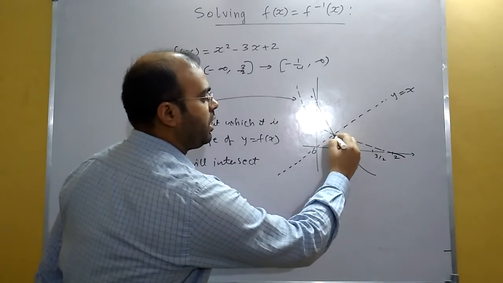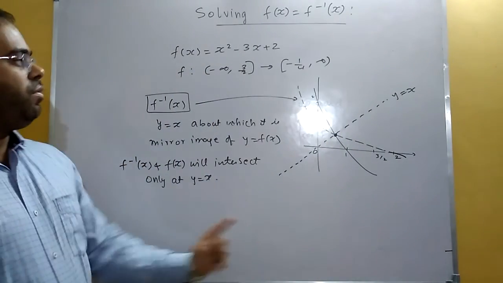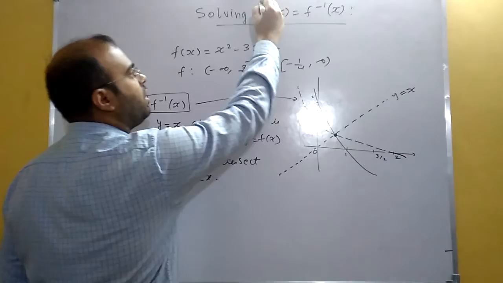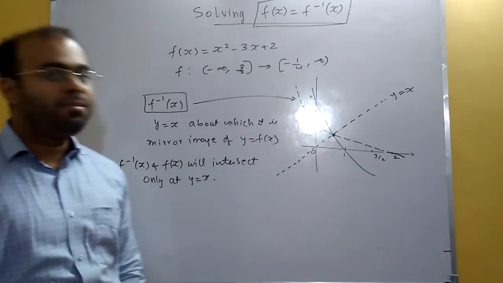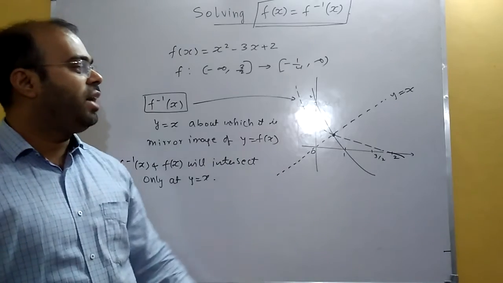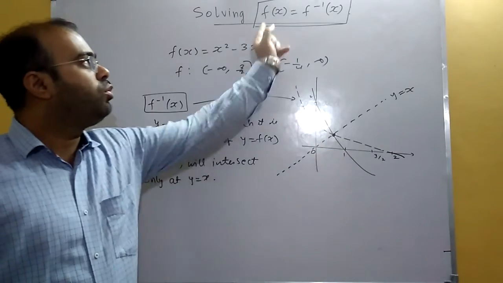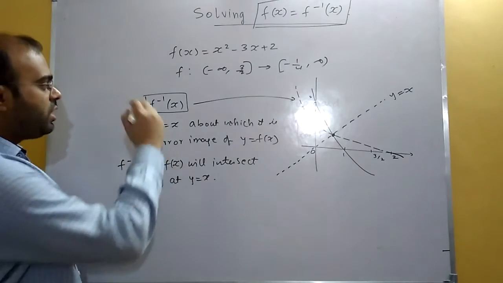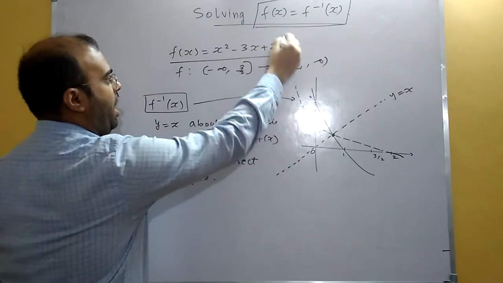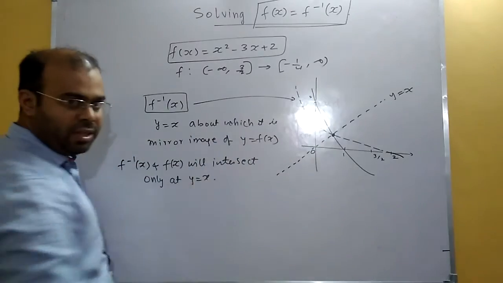Both of them intersect at this particular point, and if I have to find the solution of f(x) = f inverse(x), then it simply means that we have to find the point at which both the graphs are intersecting. So can't we do one thing? We'll just take the function and see where it is equal to x.